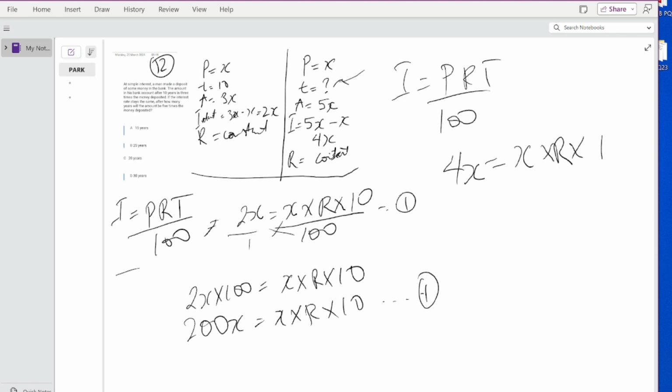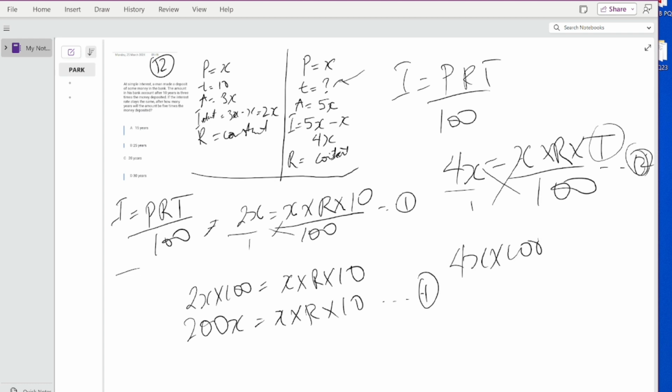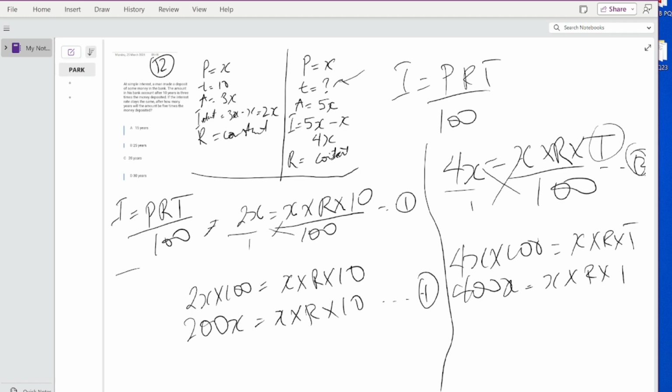Our t, time, is unknown and we're asked to find our time, over 100. This is our second equation. We'll put this over 1 and cross multiply. We have 4x times 100 equals x times r times t. That's 400x equals x times r times t.